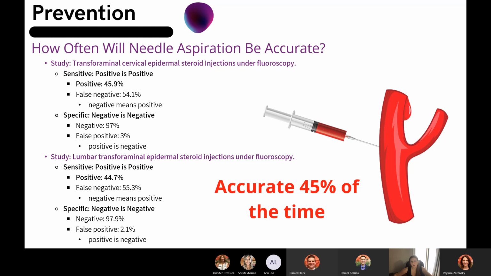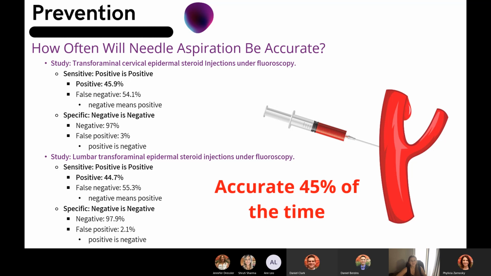So you might be asking yourself, how often will a needle aspiration be accurate? A study was conducted using fluoroscopic guidance with contrast to determine the incidence of intravascular penetration during a transforaminal cervical epidural steroid injection. According to this study, blood was observed in only 5.9% of the time the needle was in an intravascular space.